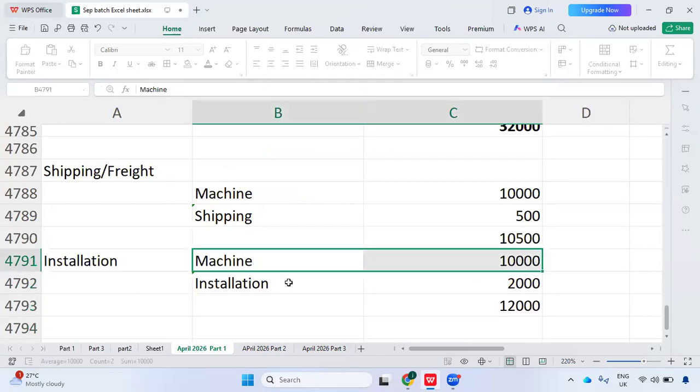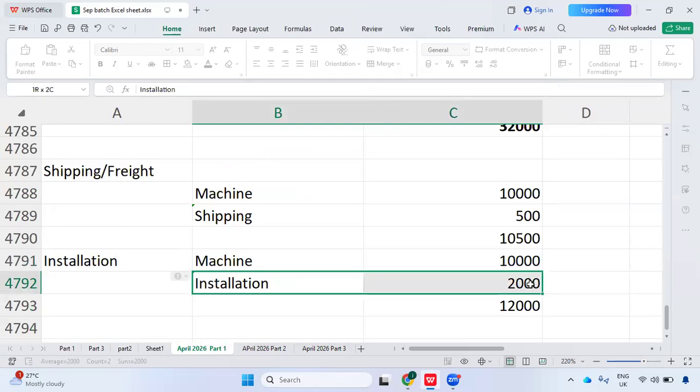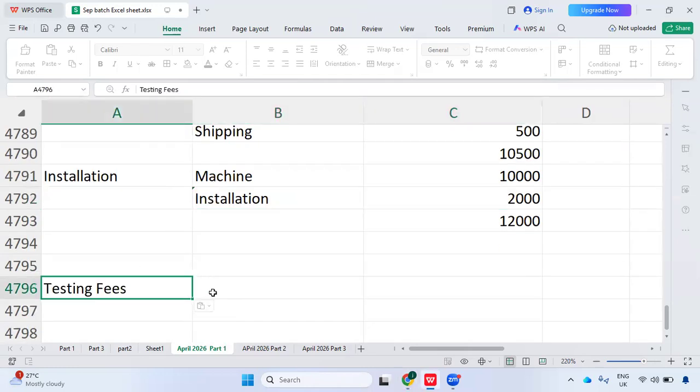So the purchase price is 10, and installation is mandatory to use the asset, so we need to pay all these expenses. Also, some equipment requires testing. If a taxpayer purchases an asset that must be tested before use, we pay a testing fee.